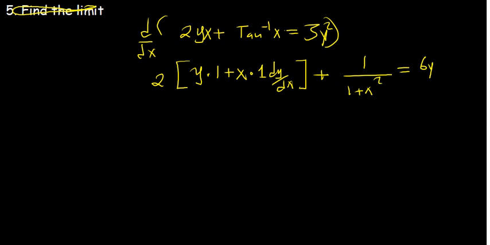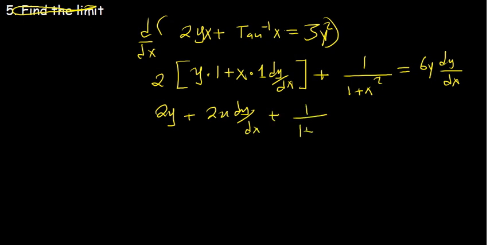Every time we differentiate y, we add dy over dx. So I'm going to distribute the 2. That is going to be 2y plus, there's x here, multiplied by 2, that will be 2x, and then dy over dx plus 1 divided by 1 plus x squared is equal to 6y dy over dx.